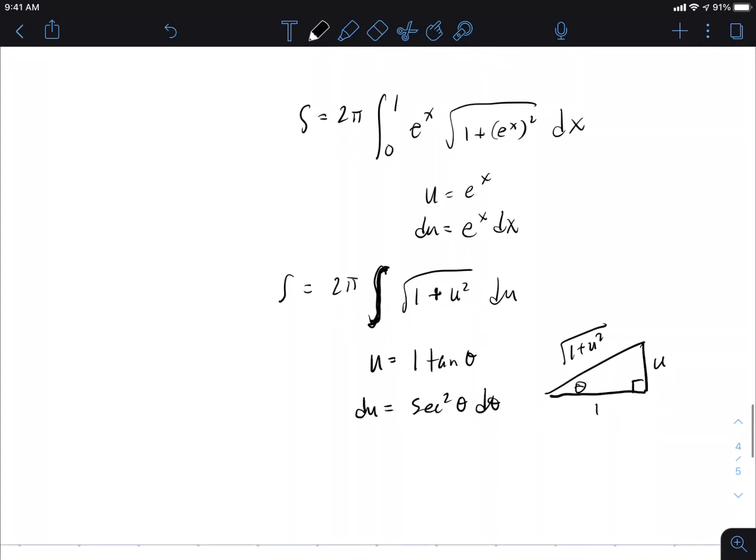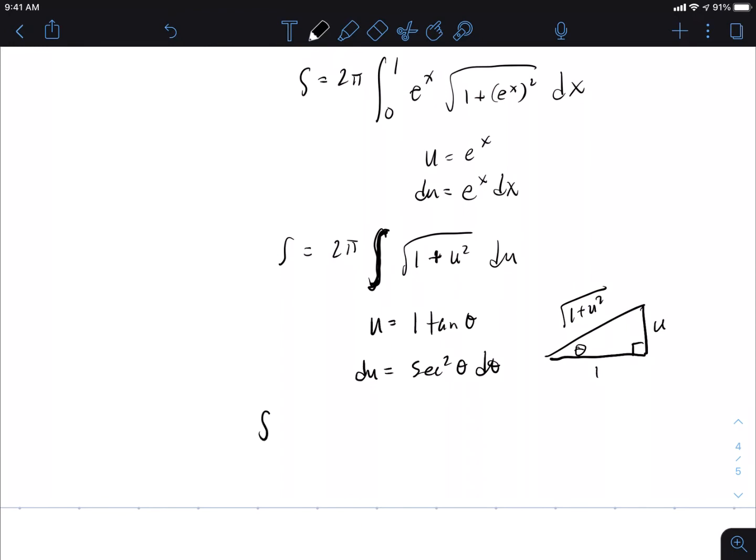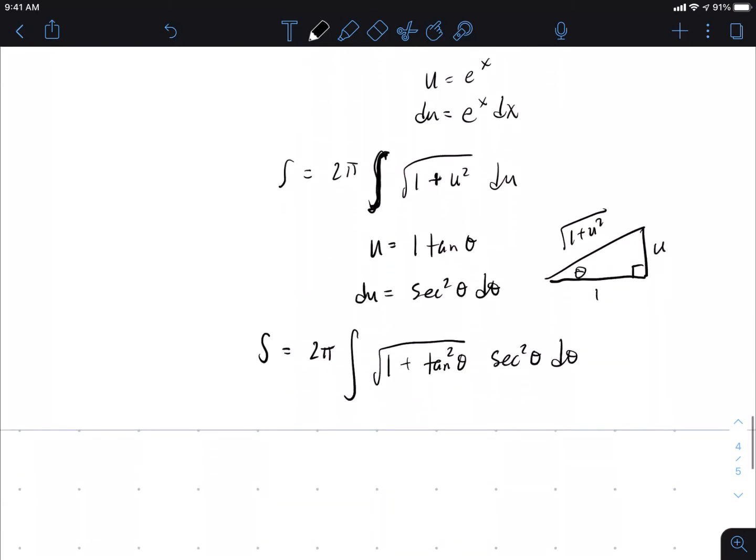So now, here it comes, my friends. S is equal to 2 pi square root of 1 plus tangent theta squared under the root, secant squared theta d theta, right? Yes.